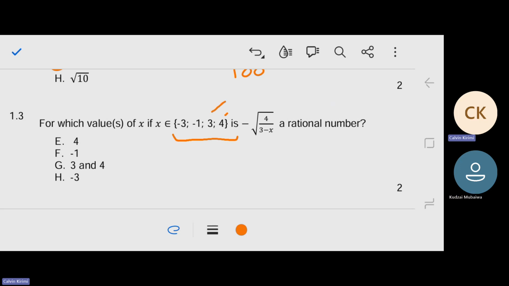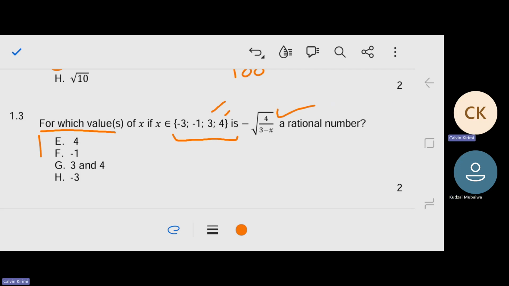Now they are saying, for which values of x, when we replace here, is it going to be a rational number?